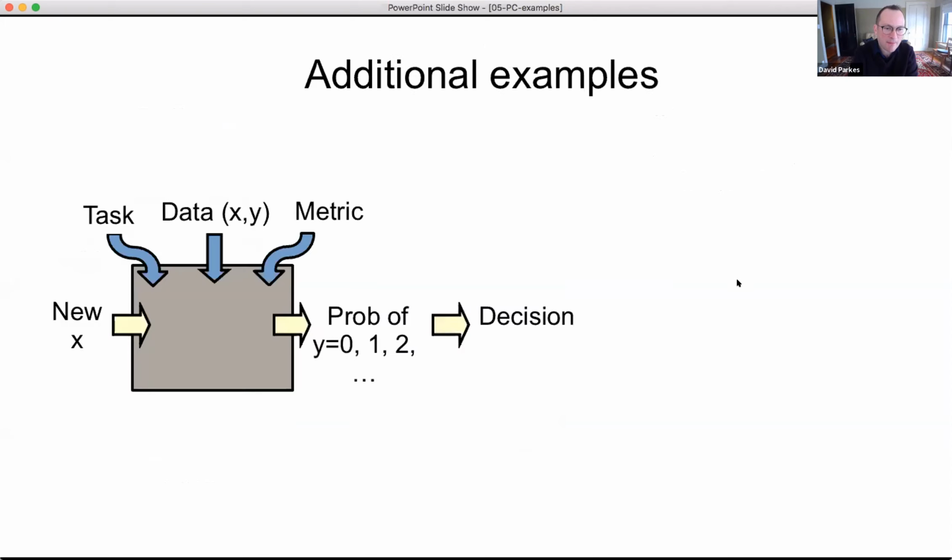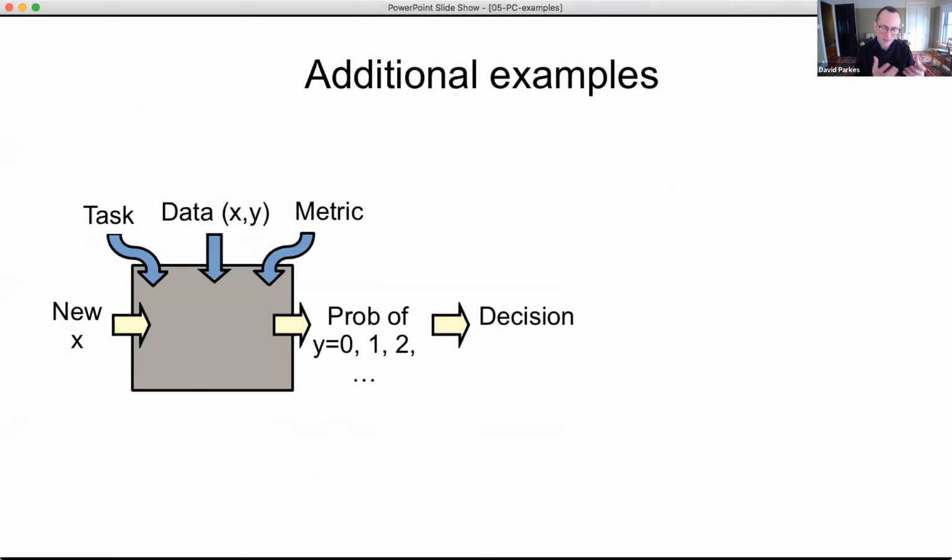To give you some other examples, I want to also try to situate what we're doing in the context of decision making. So far we've been talking about this picture here, where we're training, and then in the yellow flow, we're using our learning system to now make predictions about the probabilities of classes.